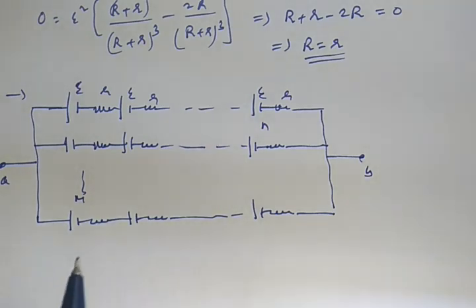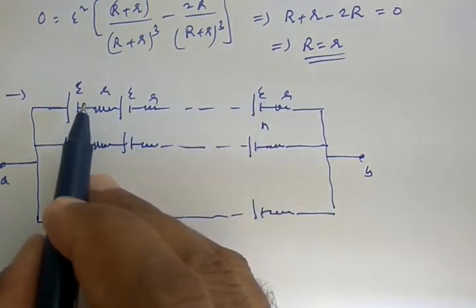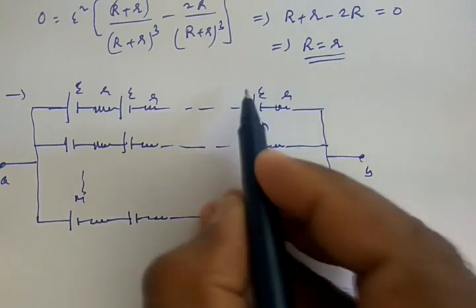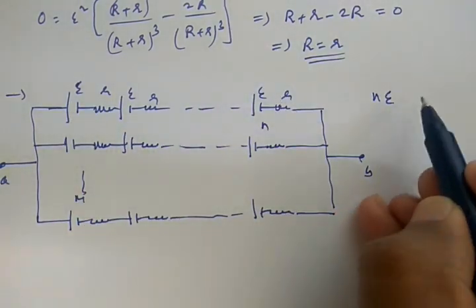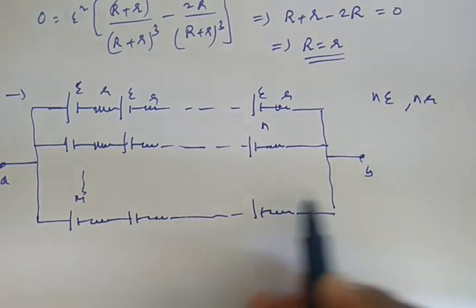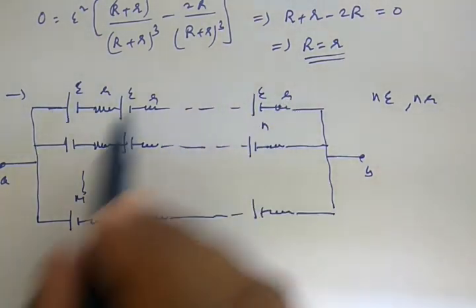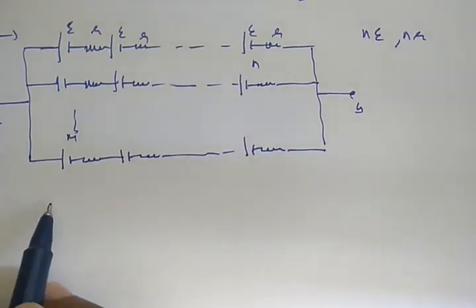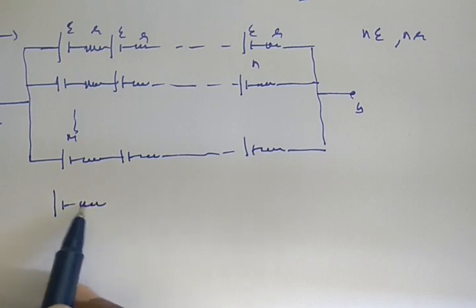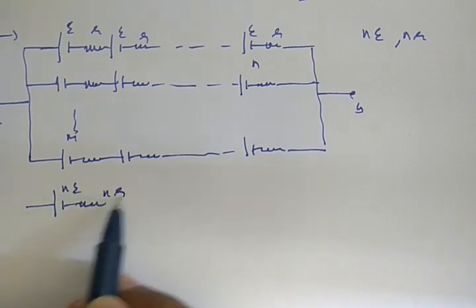Now we already know that the net EMF of this line will be nE, the net EMF of this one will be nE, and the effective resistance of this line will also be nr. Similarly for everything. So now you can replace this whole thing by a single battery of EMF nE and internal resistance nr.